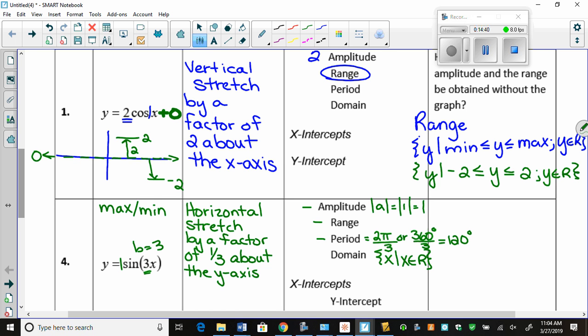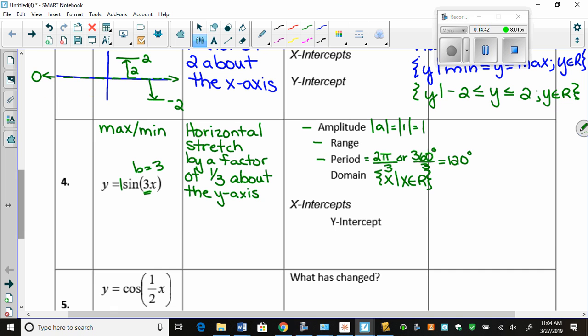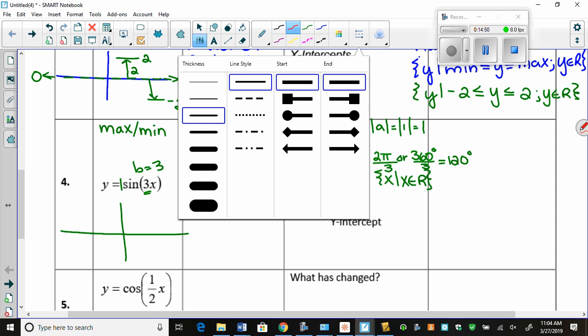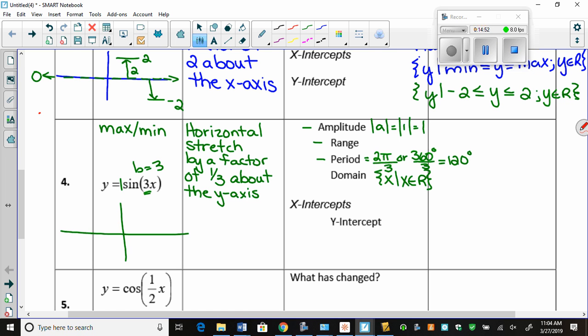My range, I need my min and my max, so I'm going to sketch it. Where's my midline at? What's my d value? The number at the back. I don't have a d value, it's a plus 0. So I draw a horizontal line at 0. So my midline is at y equals 0.